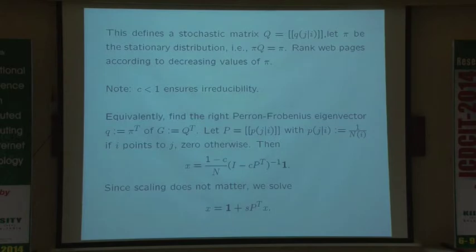Of course, there are other variants like personalized PageRank and so on, but basically the idea is to find some stationary distribution. Okay. So this is the left eigenvector, phi Q equal to phi. Suppose the algorithm I had earlier was for the right eigenvector, so I define G as Q transpose.